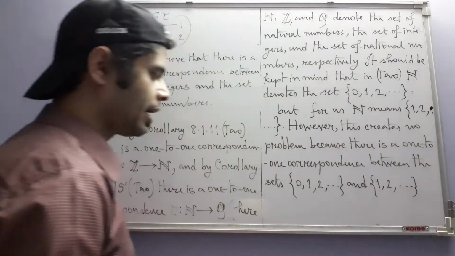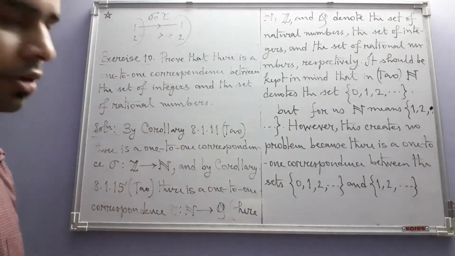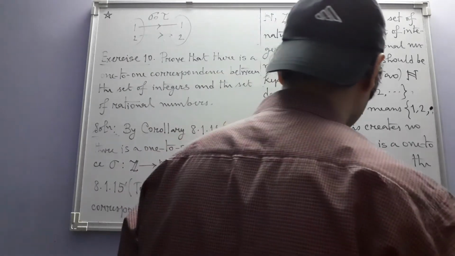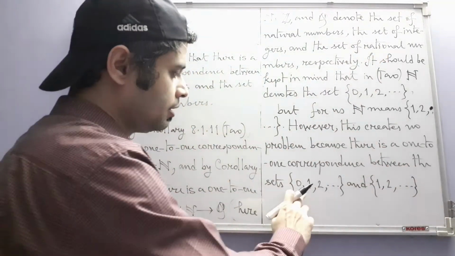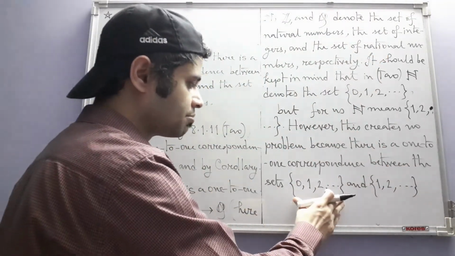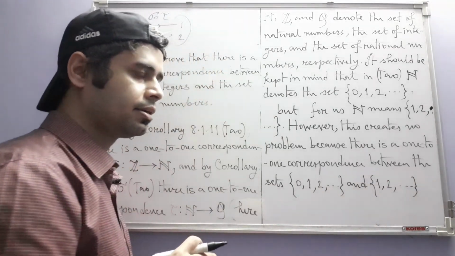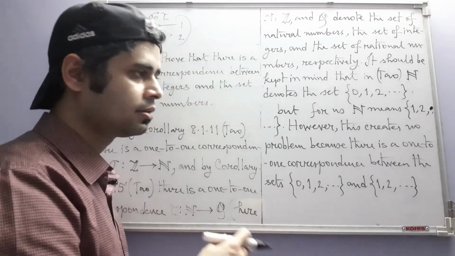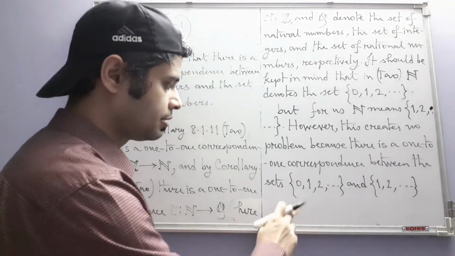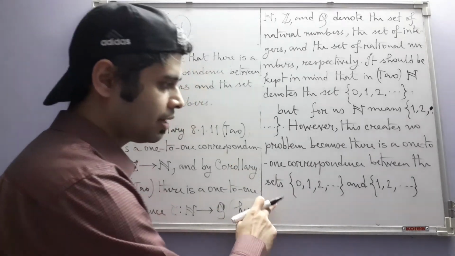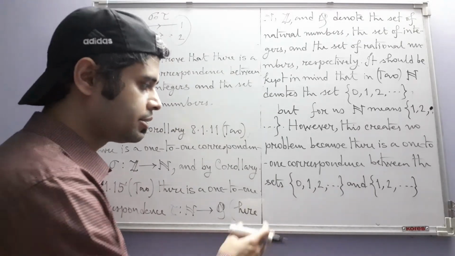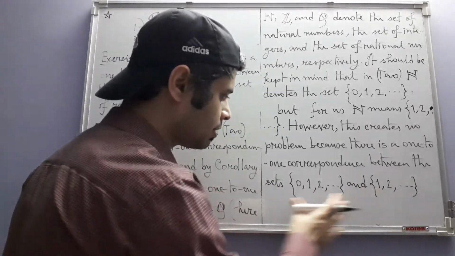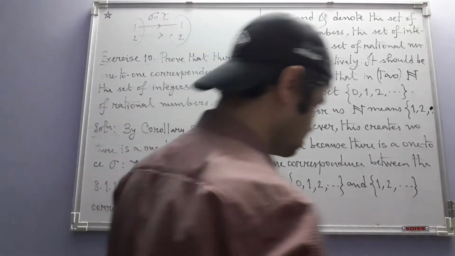You can probably understand what this correspondence will be. If you don't, you take one mapping from this to this set, and the mapping just maps every integer to the natural number by adding 1 to it. That is, the image of x is x plus 1, and you will see that that will create a one-to-one correspondence between these two sets.